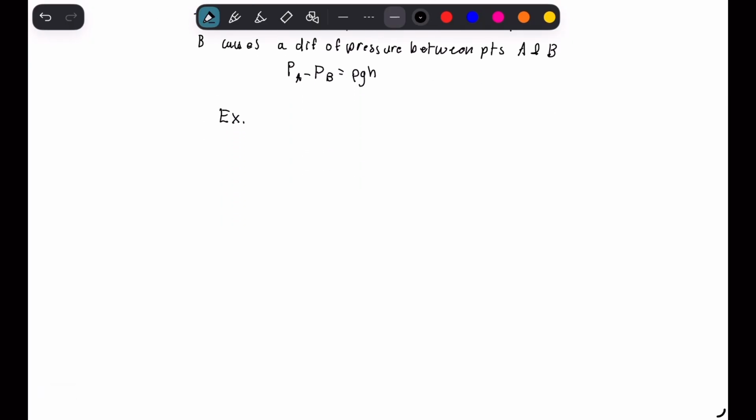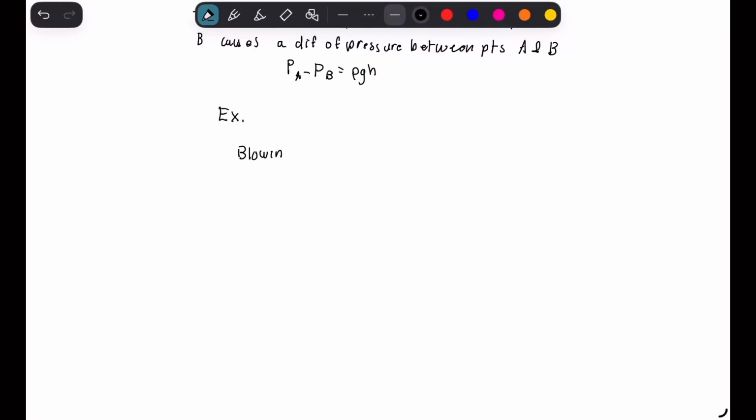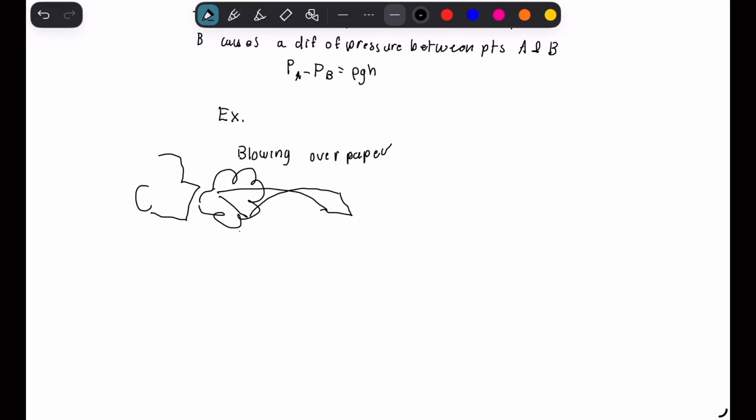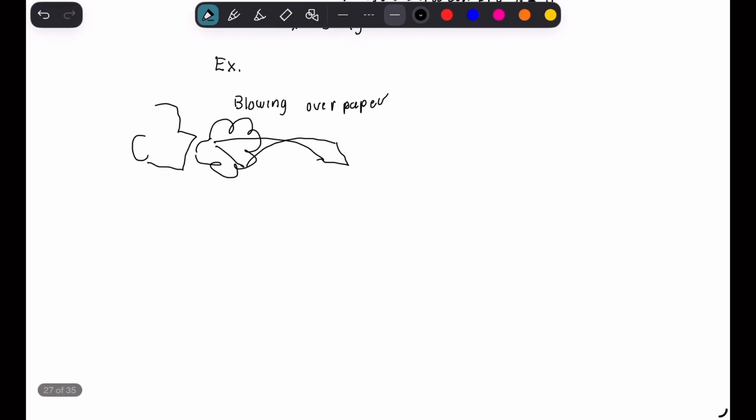So let's say you have blowing over paper. If you're blowing over a piece of paper like this, and let's say this is a person, and they're blowing wind on the piece of paper, the air moves fast over the top.